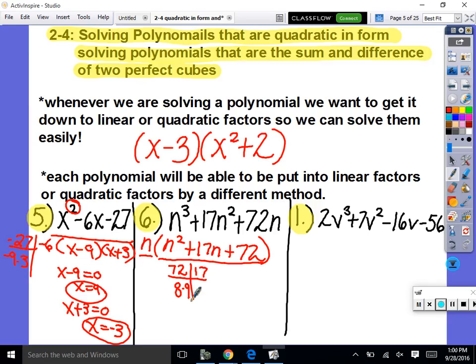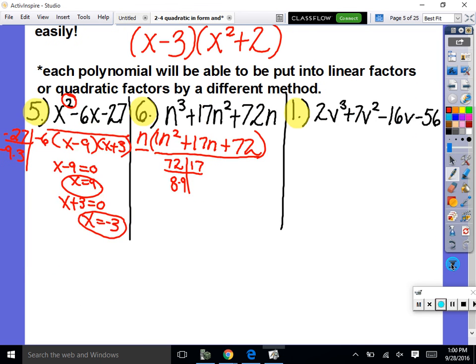8 times 9, you guys, right? We can quick factor this because our a value is 1. So that's going to factor to be, we have our n, and then this piece is going to factor to be n plus 8 and n plus 9. And now look, we went from a cubic down to 3 linear factors. We can set each of them equal to 0.